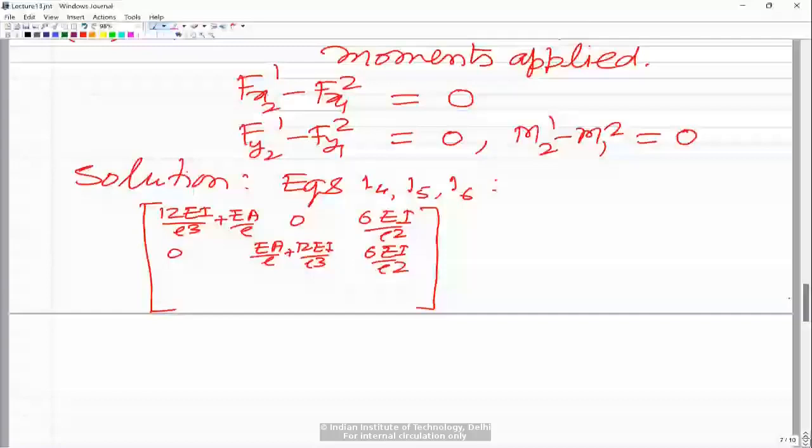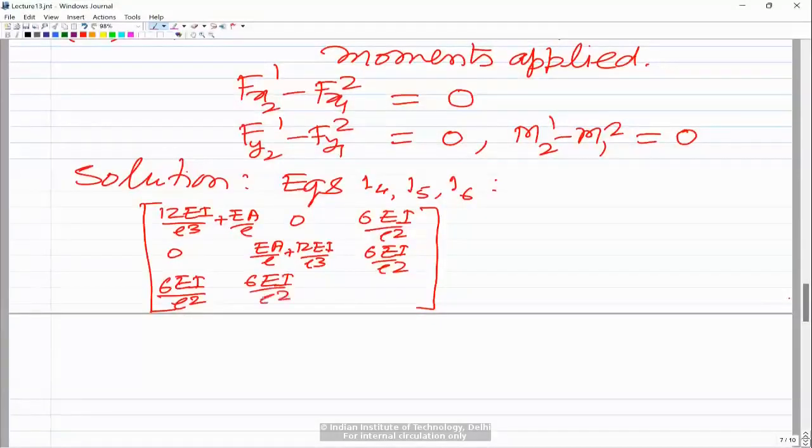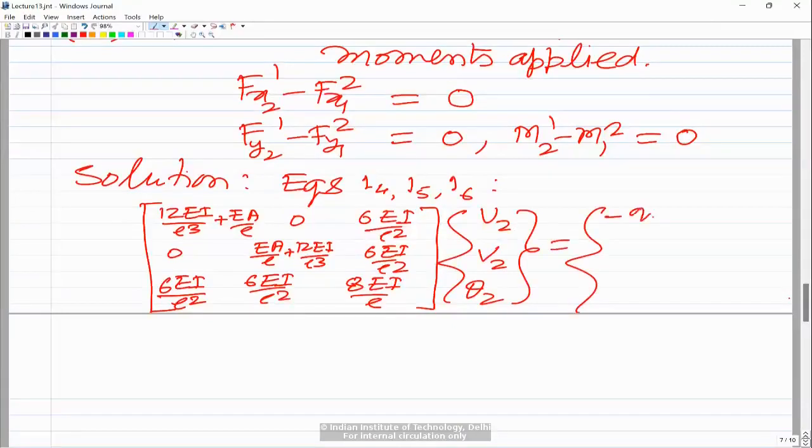So we'll have 6EI by L square, 6EI by L square, and 8EI by L. And here the unknown degrees of freedom are now u2, v2, and theta 2. On the right hand side, what we will be left with is q0 L by 2 minus q0 L by 2, and then minus q0 L square by 12, minus q0 L square by 12. So this is what we will have.